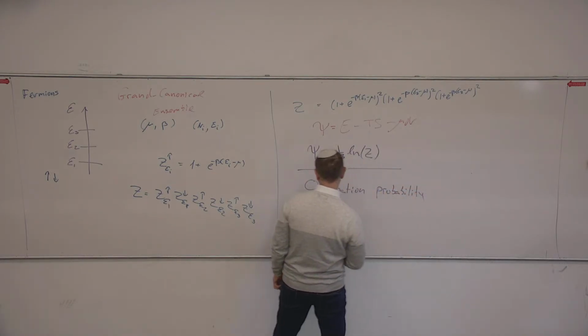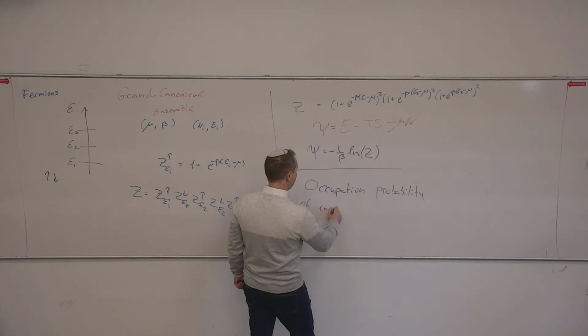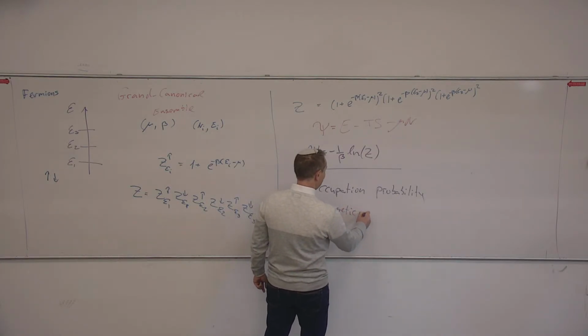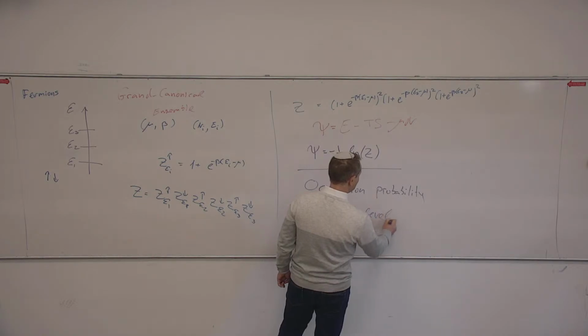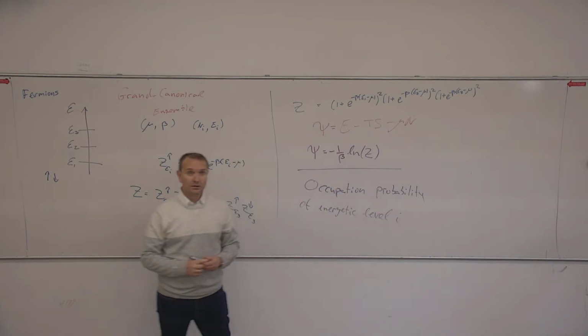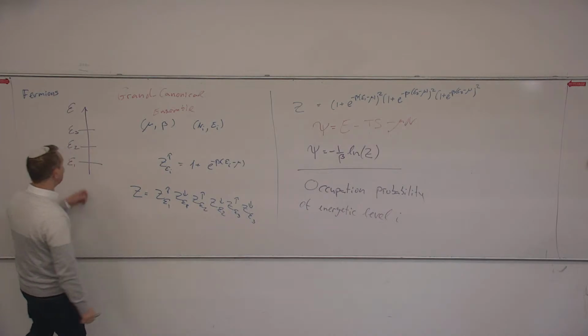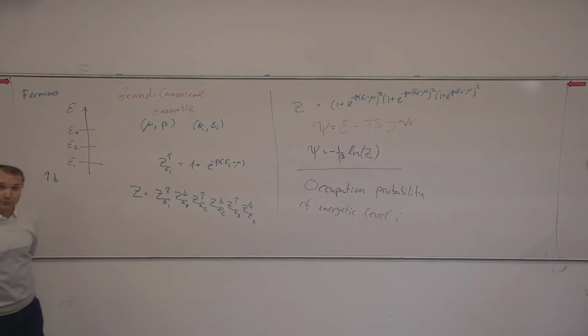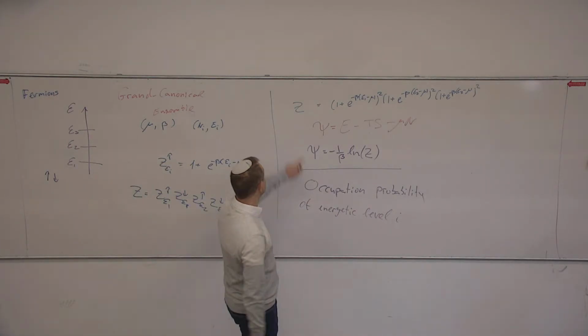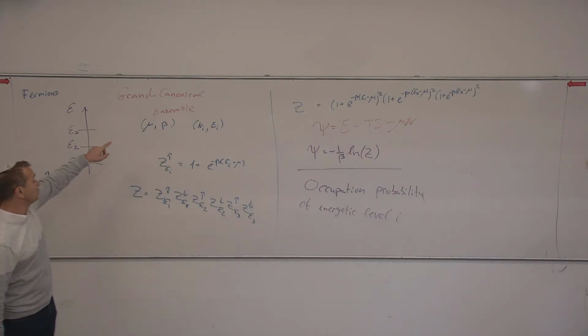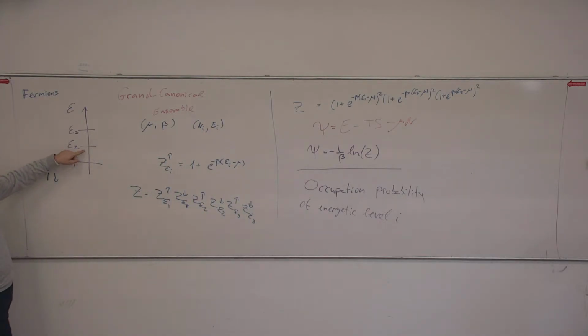Probability of energetic level I. Okay. The question is, I'm looking, for example, at the energy level epsilon 2. It is not the specific state of the whole system, but a very specific energetic level.